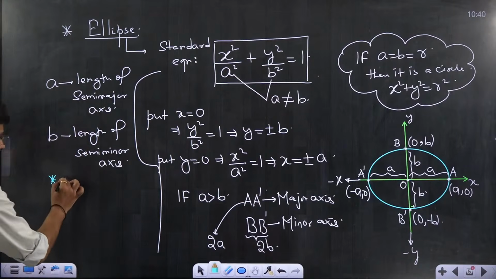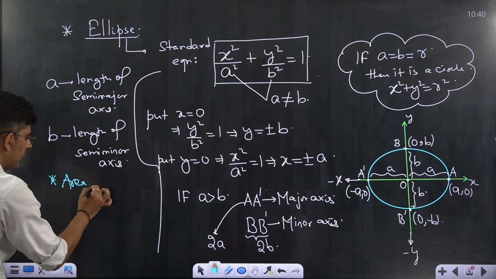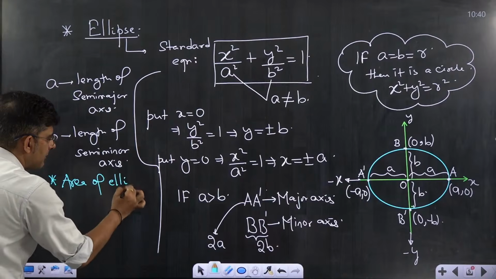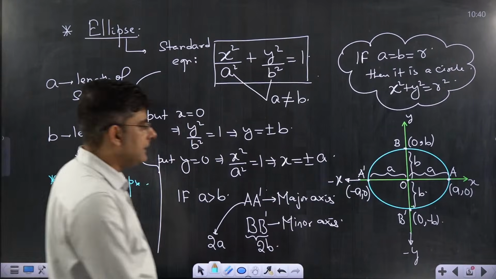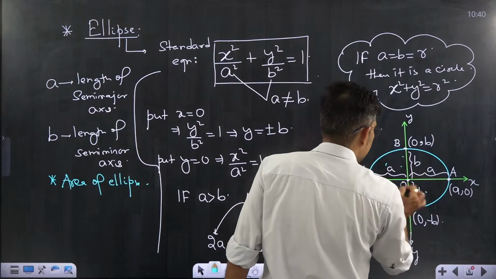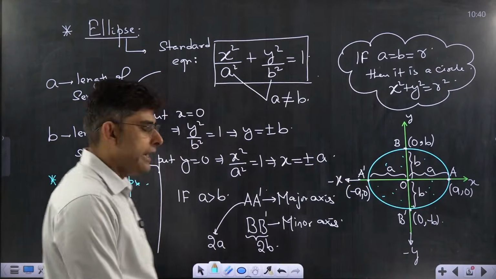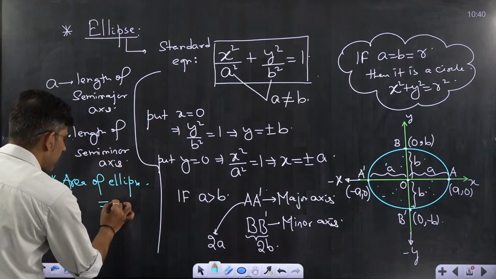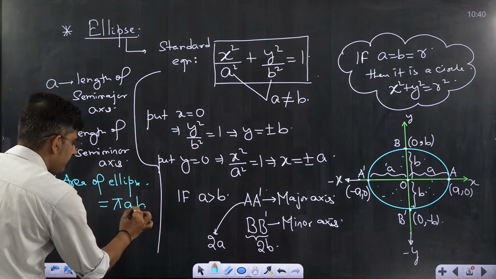So what do we have? Two very, very important things. One is the area of an ellipse. The entire area inside the ellipse is given by pi AB.